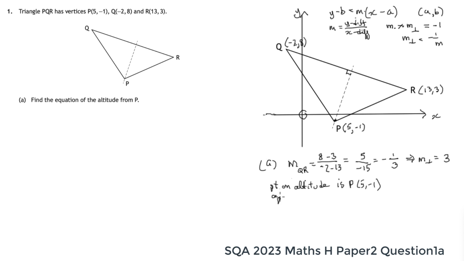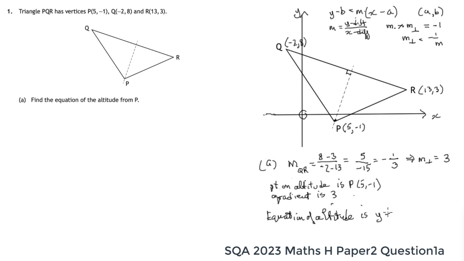And just summarising the information that we're going to now be using, the gradient is, well, that's what we've just worked out as 3. So we're in a state where we can work out the equation. So the equation of that altitude is y minus the y coordinate, that's the b, the y coordinate of this point, -1.